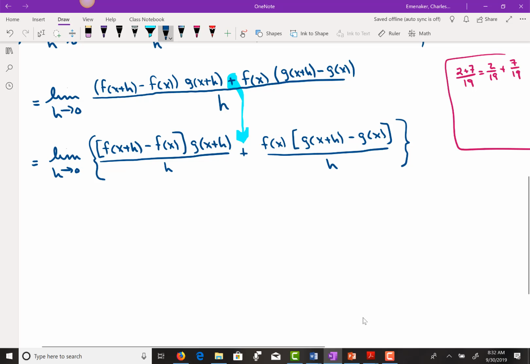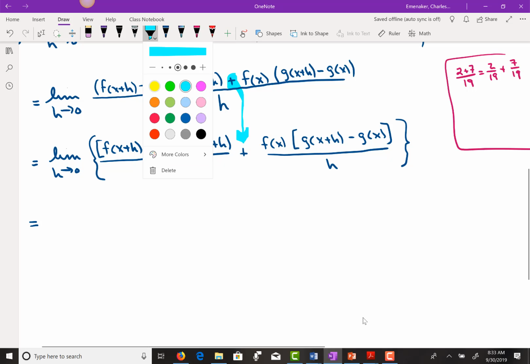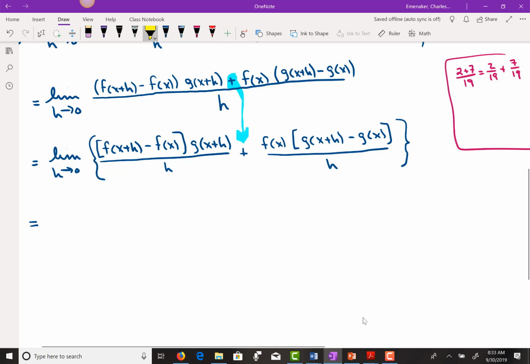Okay, this is going to be equal to, with this plus sign, I can break it apart. Does that make sense to everybody? I'm not sure what you mean by break it apart, Chuck.